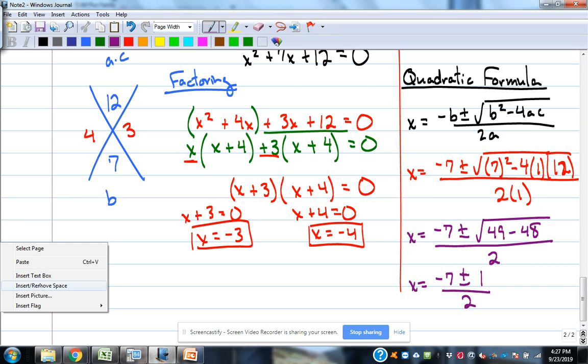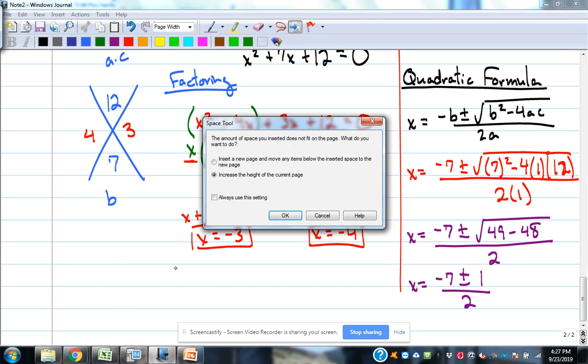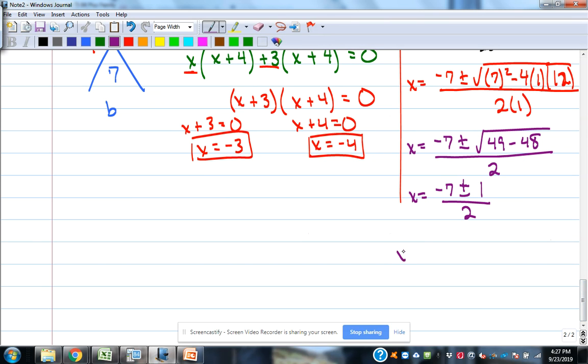And then what's negative 7 minus 1? And divide those answers by 2. So negative 7 plus 1 divided by 2, that's negative 6 divided by 2, which is negative 3. Negative 7 minus 1 divided by 2, that's the negative 4.